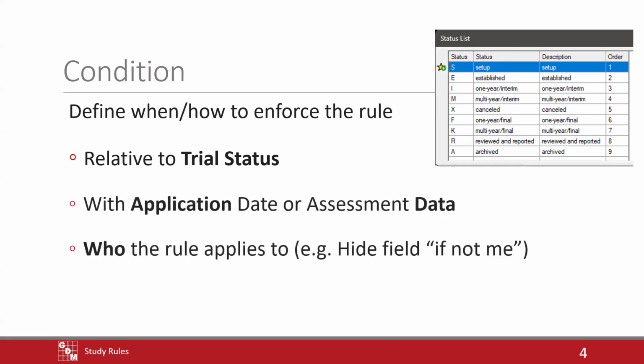So these are kind of the few different types of conditions. We looked at the assessment data. As soon as the assessment data is entered, then we should require one of those header information. Same idea with your application.